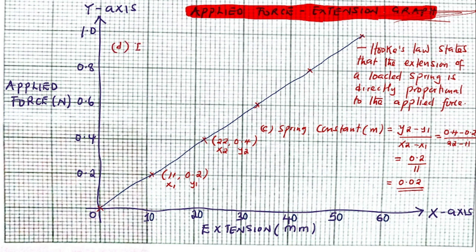Okay, the answer is no. The reason why the spring did not reach the elastic limit is that the extension of a loaded spring was directly proportional to the force applied. Meaning this graph that we have drawn was straight. There is no point where the graph had to bend.